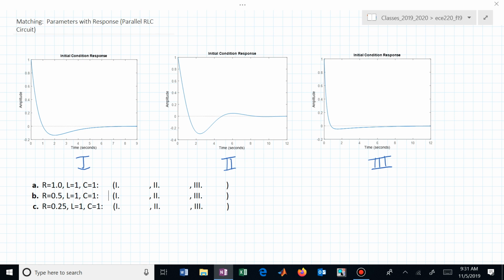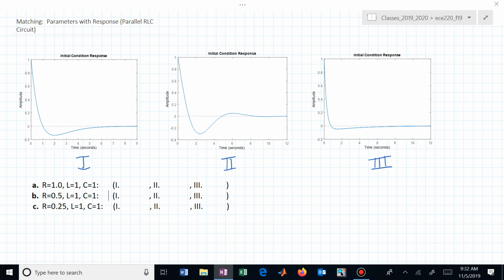Now you're given a parallel RLC circuit, and you're given 3 different combinations of parameters, although here the only one that's being varied is the resistor. The inductor and capacitor are always 1 for all 3 scenarios.